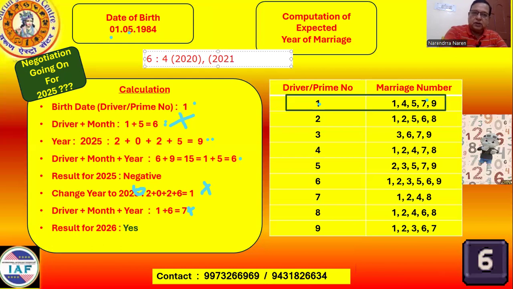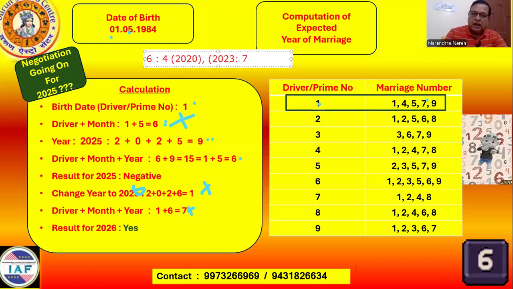So it is not getting, because 6, 5, 11. It will become 2022, 6 plus 6, 12. So 3 is also not there. 23. So here we are getting 6 plus 7.